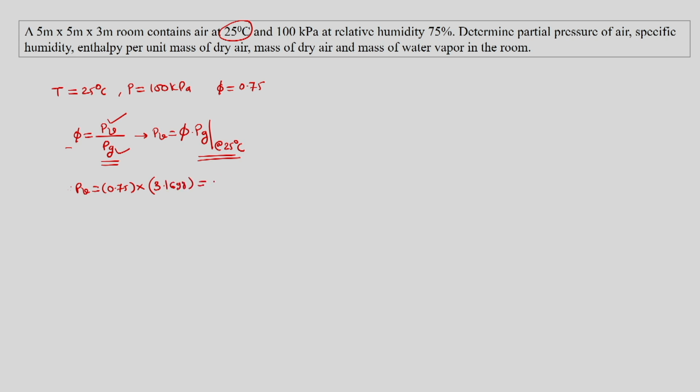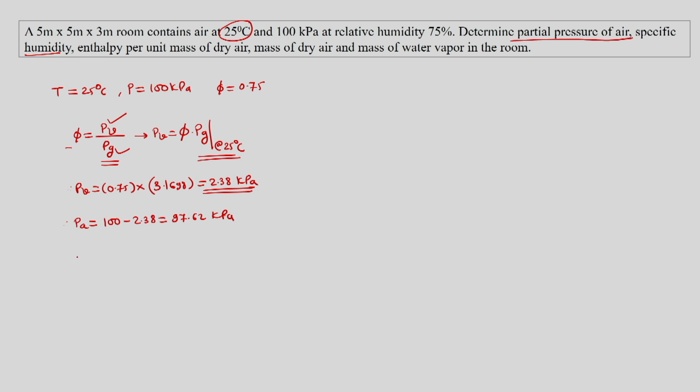So, this gives us 2.38 kPa as the vapor pressure. So, partial pressure of air is equal to 100 kPa minus 2.38 kPa, it is 97.62 kPa. Now, partial pressure of air is found out as it was asked.